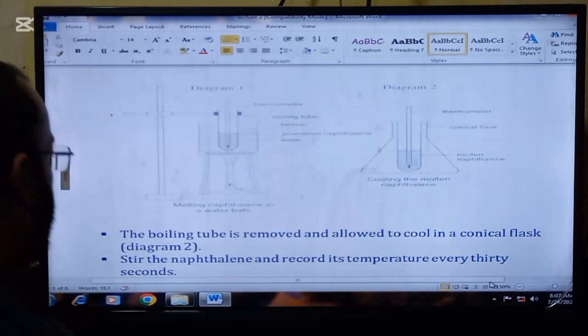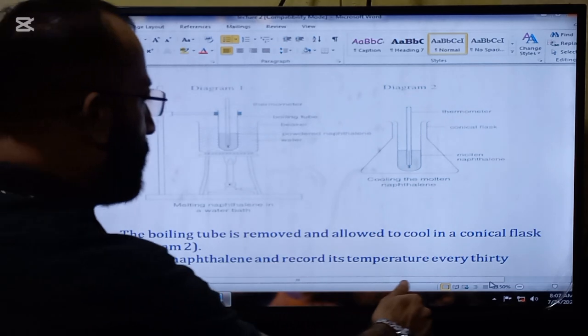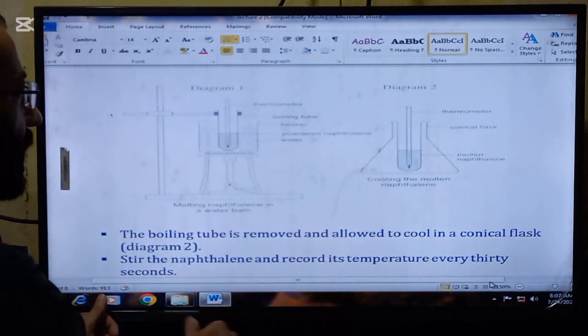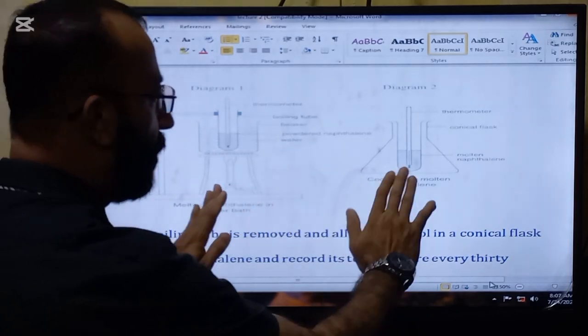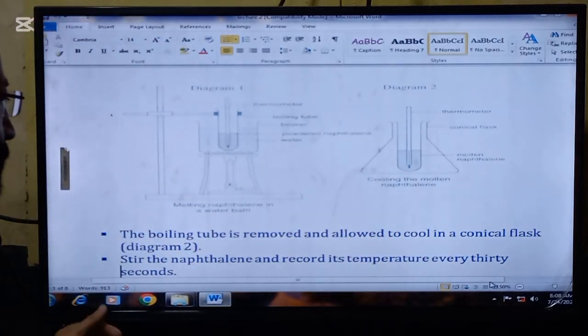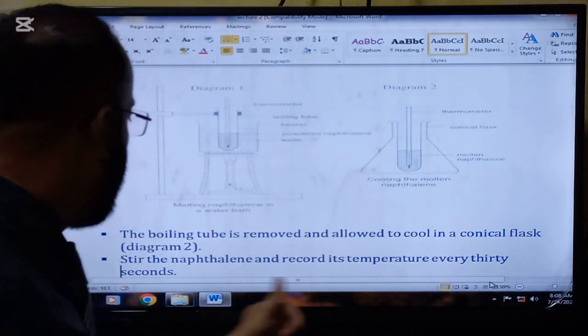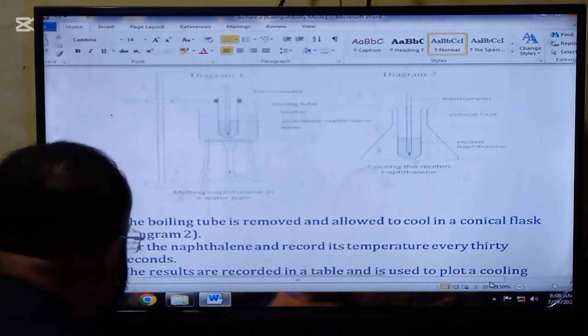So stir the naphthalene, allow it to cool, and record the temperature every 30 seconds.